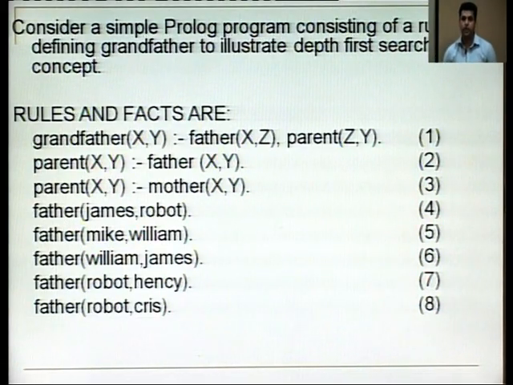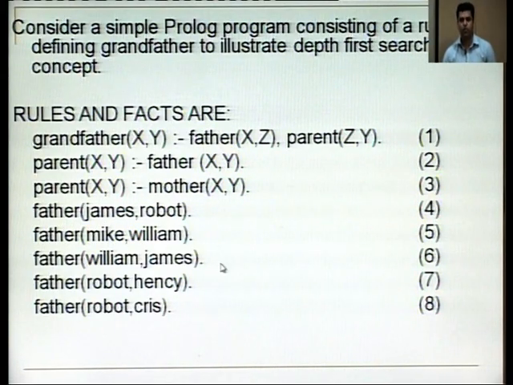Let us take one example of a program to illustrate the depth first search concept. Here are a number of rules and facts. It means X is the grandfather of Y if X is the father of Z and Z is the parent of Y. X is the parent of Y, there is another rule, if X is the father of Y. There is another rule having the same name, X is the parent of Y if X is the mother of Y. And there are a number of facts given with values.